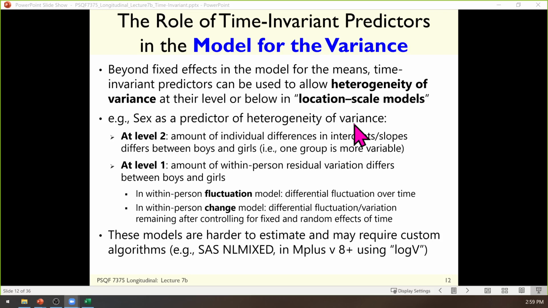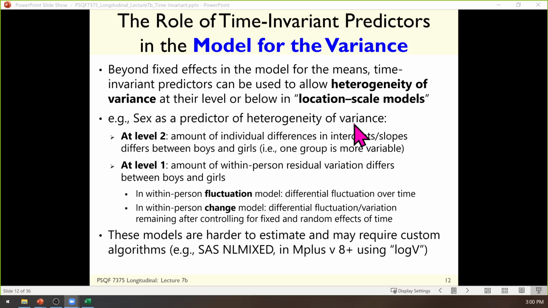Like if I had people who were not addicted to drugs versus people who have a history of addiction. There might be a lot more variability amongst the people with a history of addiction than the people without a history of addiction. So there may be questions about heterogeneity of variance as a construct. You can think of it as variability across people, or you can think of it as inconsistency over time. Residual variance is functionally inconsistency.